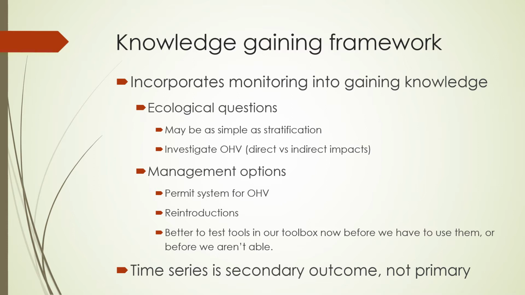So if you have a permit system for identifying OHV areas, that can then give you a heads up that, okay, this area is going to become a site where we're going to allow OHV use. Let's monitor it before so that we can get a good before-after measure, as well as monitoring sites away from that OHV use area.